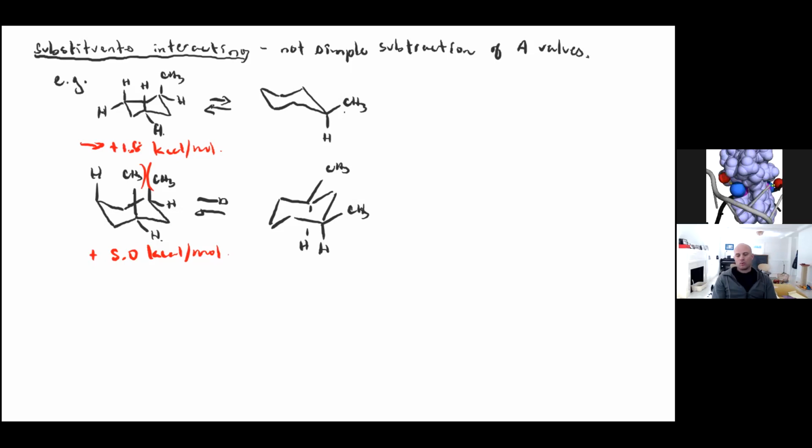We won't ever ask you to apply numbers to these types of substrates. We will expect you to be able to identify the more stable conformer. And for the cases where the substituents are non-interacting, or there is only one substituent, it's reasonable to expect that you could use A values to calculate the energy difference between the conformers.